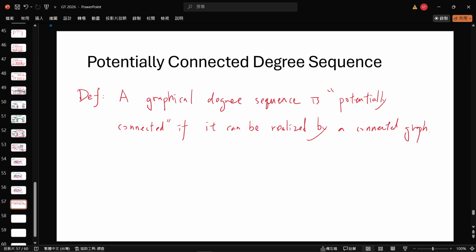Okay. So let me give you some example. Like this one, 5 twos. So this one can be realized by a connected graph, like this.